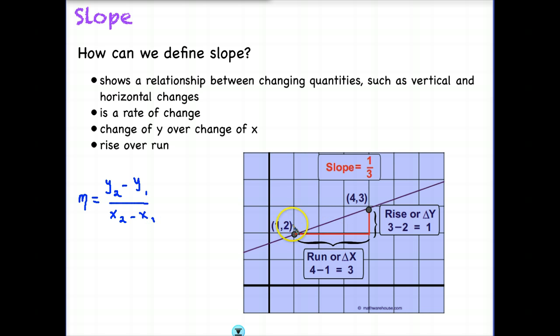Now notice it doesn't matter which of these points we label as x1, y1, or x2, y2, as long as we keep them the same. If these are our 1's, then these have to be our 2's. It also makes a difference that if you put y2 first in the numerator, then you need to put x2 first in the denominator. So this is our equation for representing slope, and that's what we'll be using today.